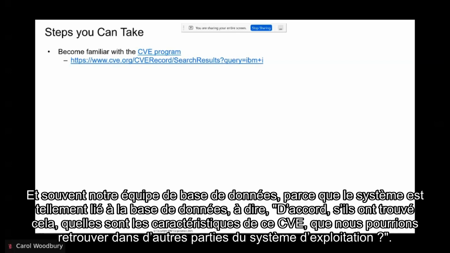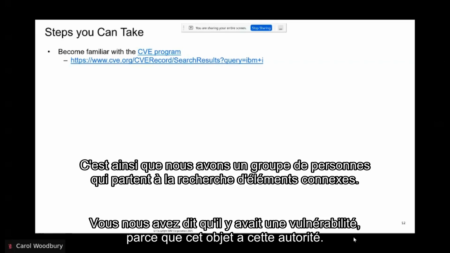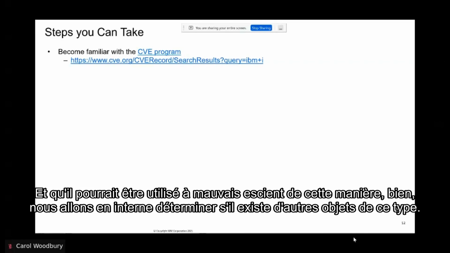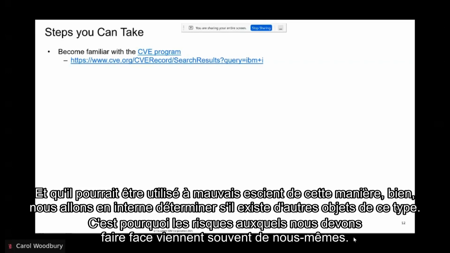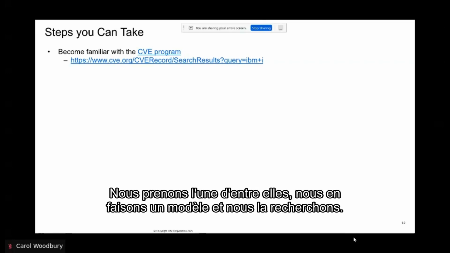So we will have a group of people go off and look at related things. You told us that there's a vulnerability because this object has this authority and it could be misused in this way. Well, we internally go off and determine if there are others like that. That's why often the exposures that we have to deal with come from us inside. We'll take one of these and make a pattern out of it and then go look for that.